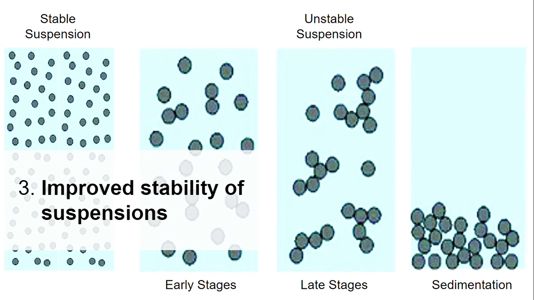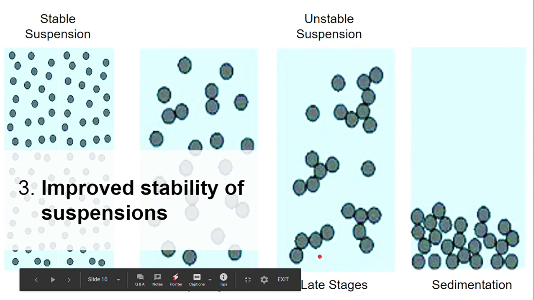Another importance of the size reduction is the improved stability of the suspension. A suspension generally contains a liquid in which the particles are partly soluble or insoluble. The ideal stable suspension is one in which these particles remain suspended throughout the shelf life. In the early stages, if the particle size is large, then the insoluble solid particles will settle down very rapidly, and later on it leads to sedimentation.